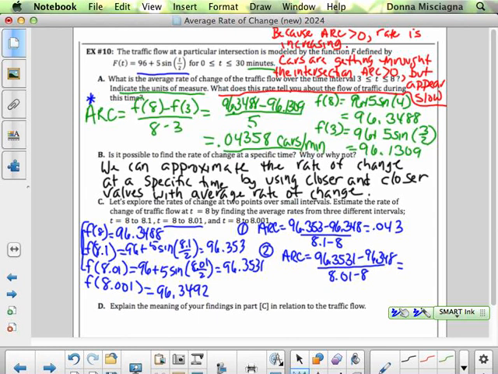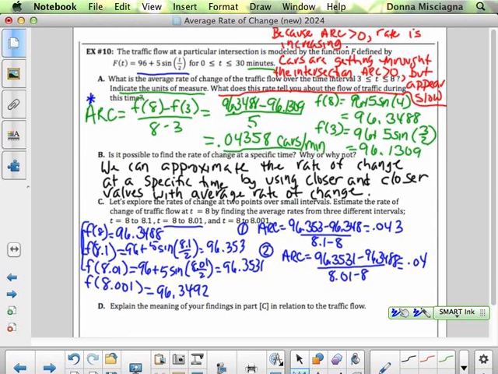So 96.351 minus 96. Oh, I'm missing an 8. Now I'm okay. 96.3518 minus 96.348 divided by 8.01 minus 8. All right, so what'd you get for that one? I got 0.04. All right, we're going to do one more.